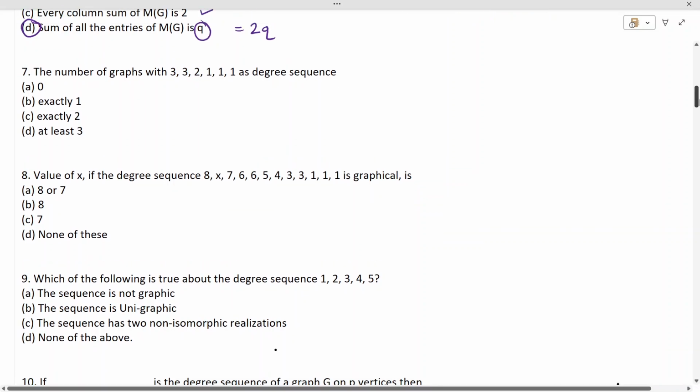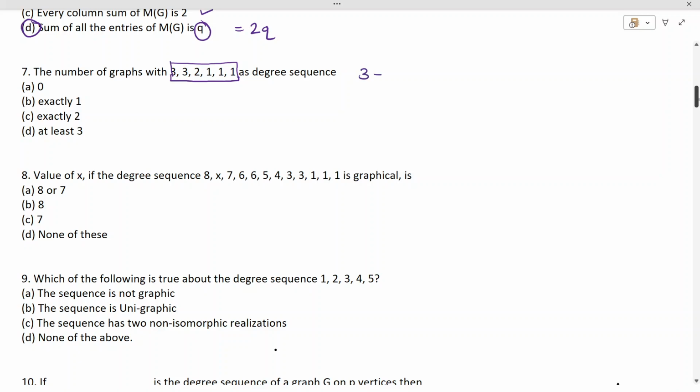7. The number of graphs with 3, 3, 2, 1, 1, 1 as a degree sequence. Just as we have discussed, if there is a graph on P vertices, then the sum of degrees of all vertices in graph G must be an even number. So if a graph exists with this degree sequence, then the sum of all these terms should be an even number.